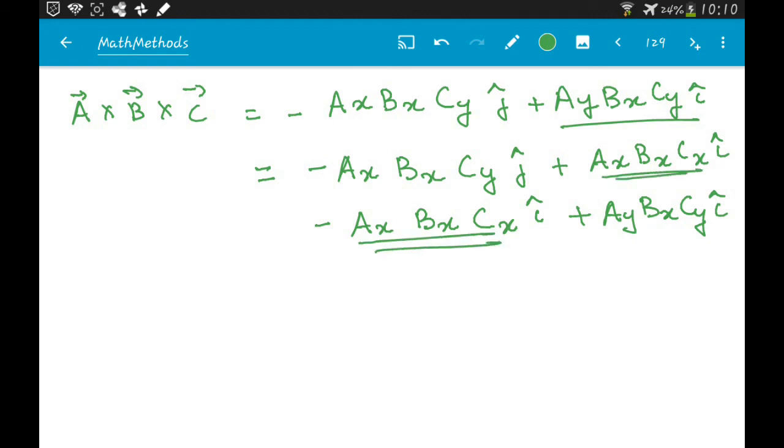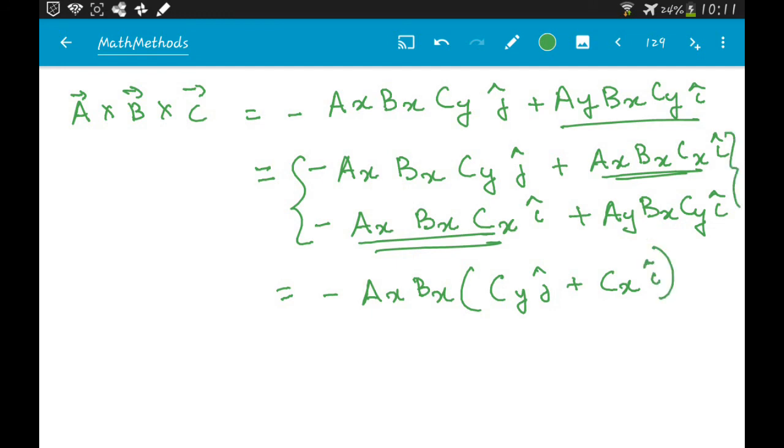Now we'll combine these two. We have minus AX BX into CY J plus CX I, and we'll combine the other two.